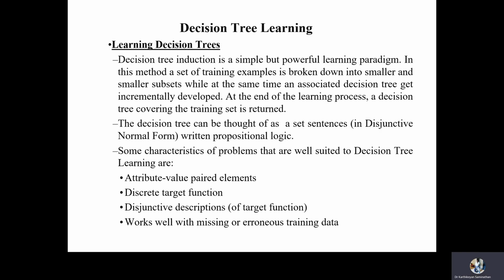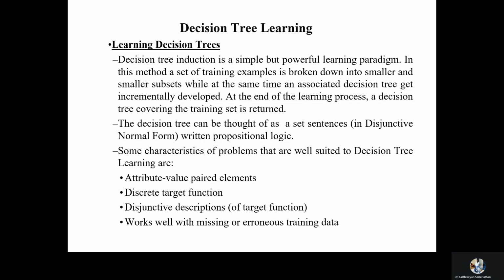Decision tree is one of the powerful learning algorithms in supervised learning. Machine learning has three types: supervised, unsupervised, and reinforcement learning. Decision tree comes under supervised learning, where we always go with labels. Learning happens with the help of labels. Decision tree induction is a simple and powerful learning paradigm.